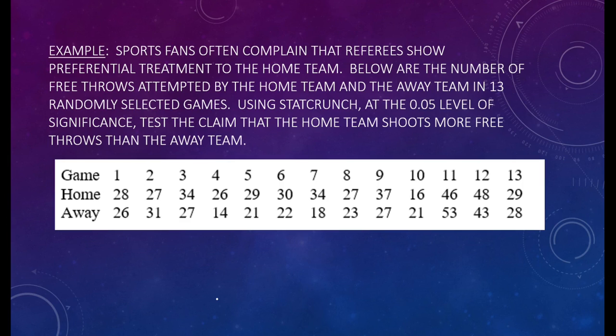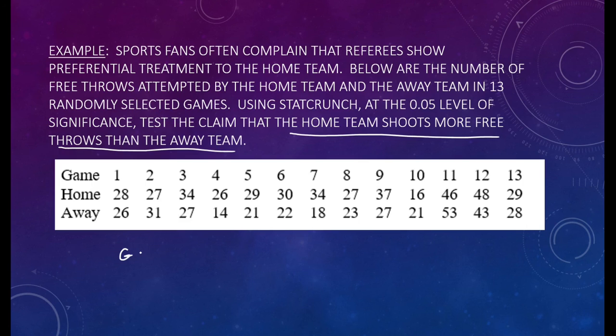Example 3. A sports fan often complains that referees show preferential treatment to the home team. Below are the number of free throws attempted by the home team and the away team in 13 randomly selected games. Using StatCrunch at the alpha equals 0.05 level of significance, test the claim that the home team shoots more free throws than the away team.